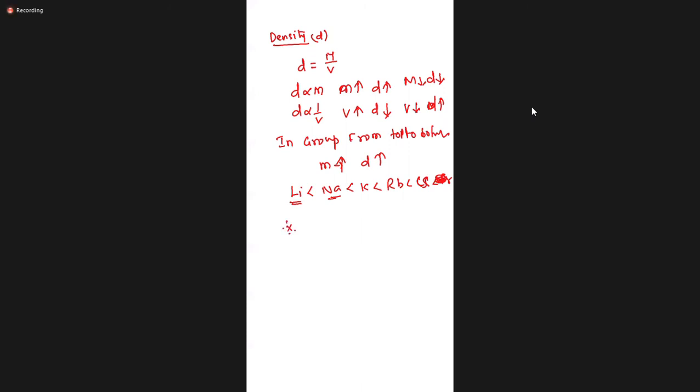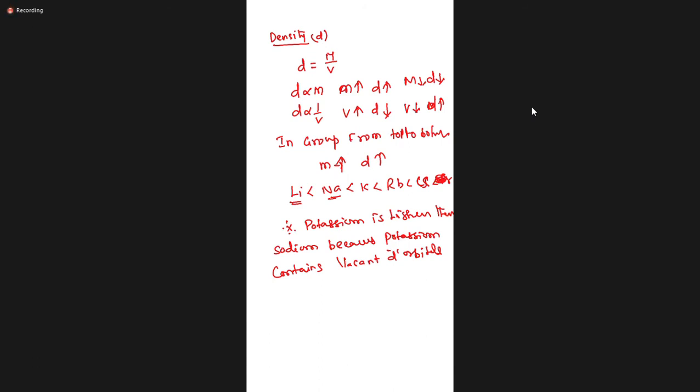Generally, potassium is lighter than sodium. Potassium is lighter than sodium because potassium contains a vacant d orbital.